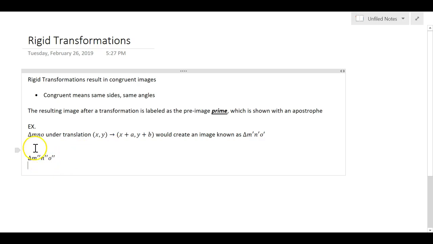And this simply lets us know that this original image has changed once, then twice in this case. And again, it can continue to go like that.